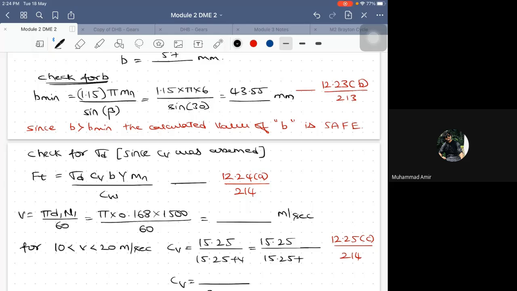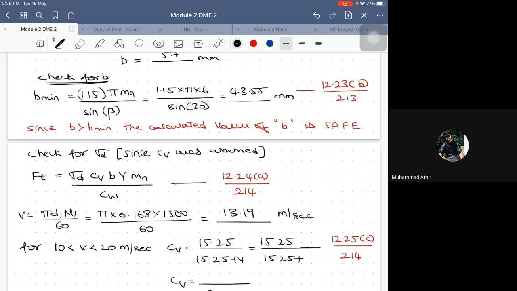Again, you can use equation 12.24a on page number 214, where V is given by pi d1 N1. I have substituted what you have just calculated. N1 is 1500 divided by 60. Give me the value of V. Based on the value of V, we are going to select the formula for CV on page 214. 13.19 is the velocity value.